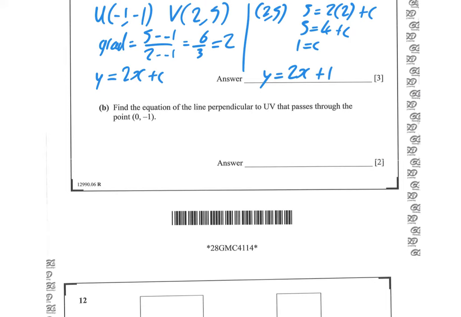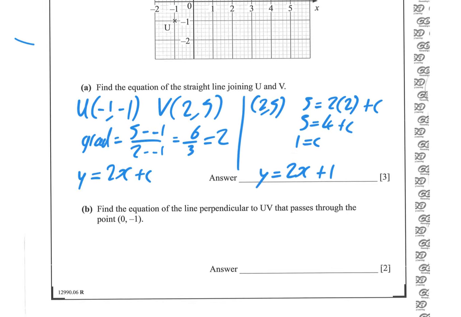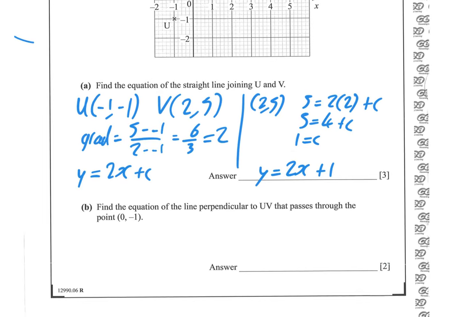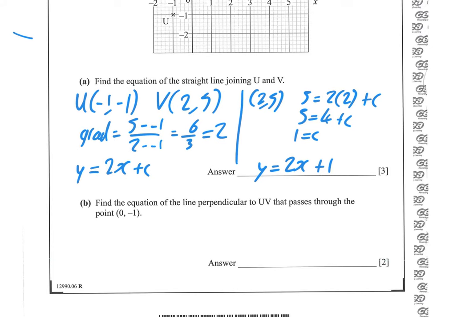Next one says, find the equation of the line perpendicular to uv that passes through the point 0, -1. Okay, its gradient, first of all, if it's perpendicular to this line here, line uv had a gradient of 2. So if you're perpendicular, you've got a negative reciprocal, so -1/2 is what your gradient's going to be.